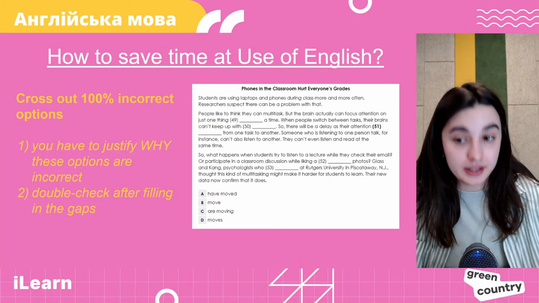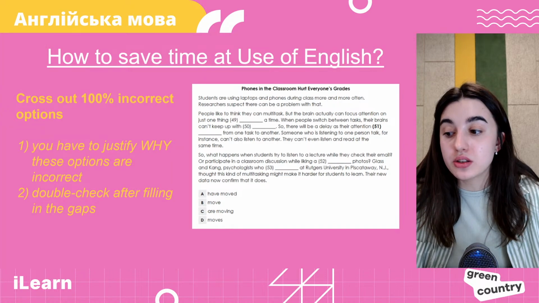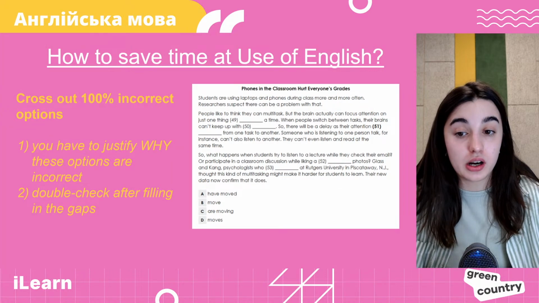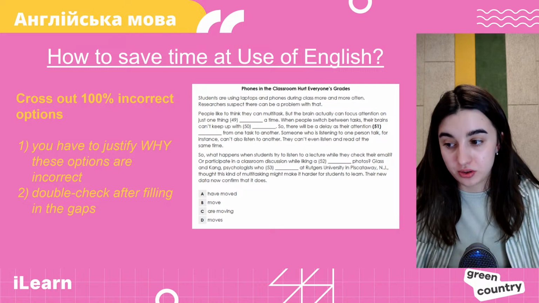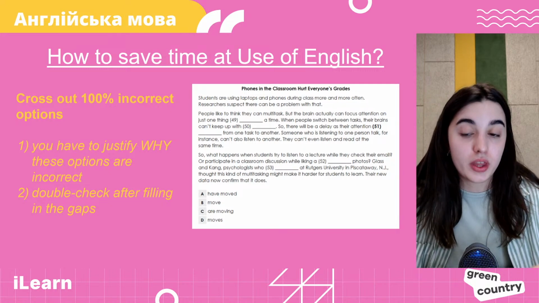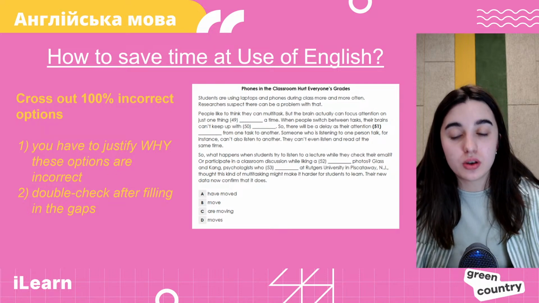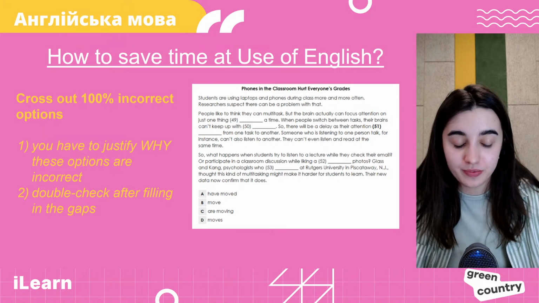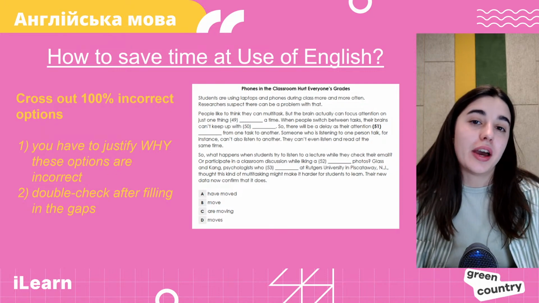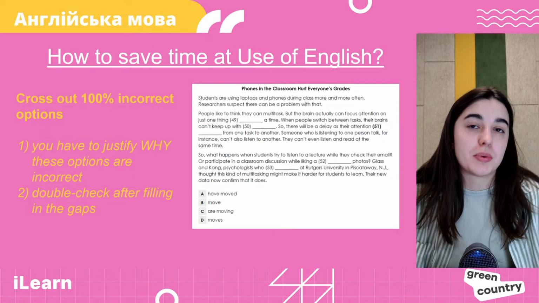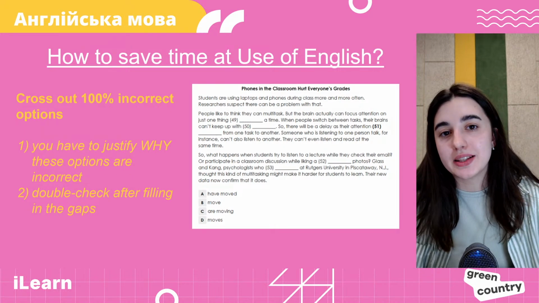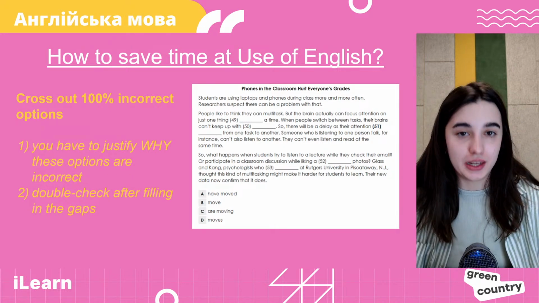And the next advice for you is: cross out 100% incorrect options. So, why do you need to do this? Because when we are talking about tests, you have a high possibility of being stressed and having panic.